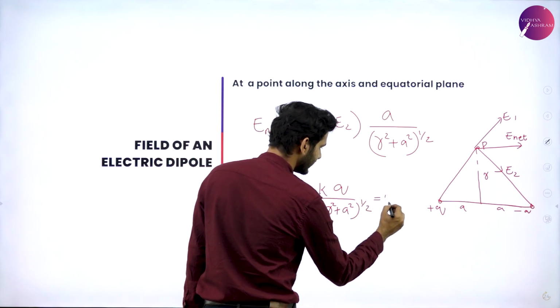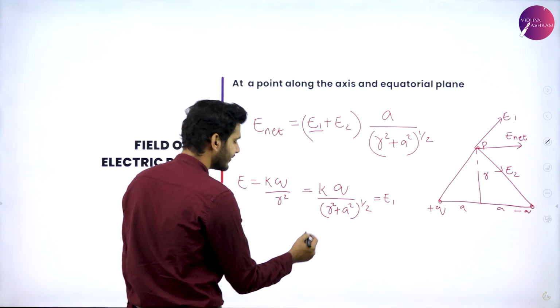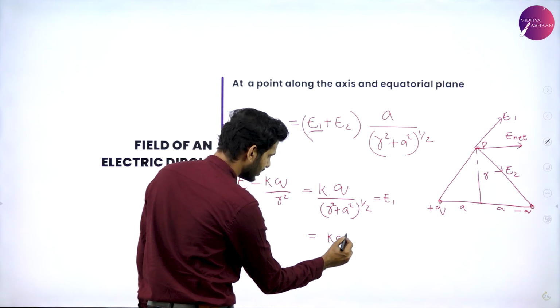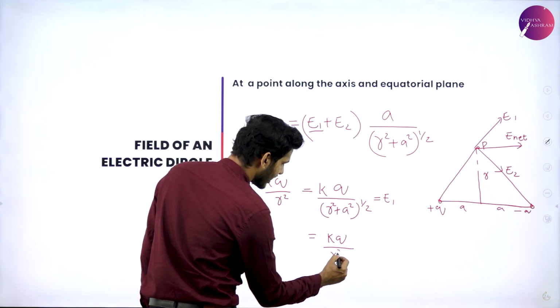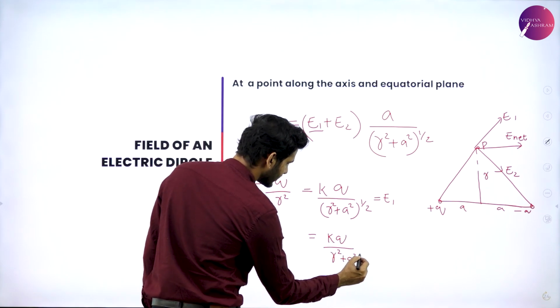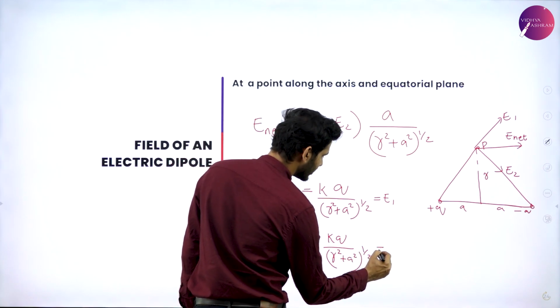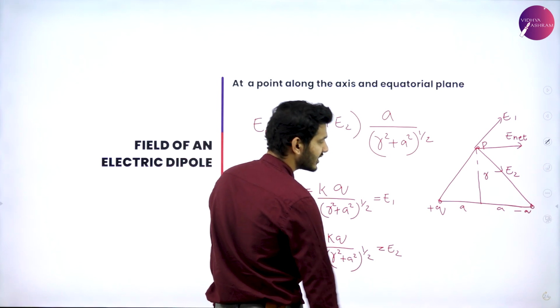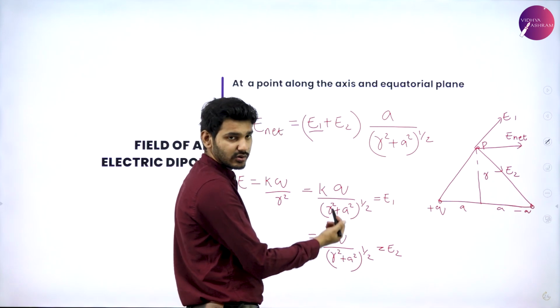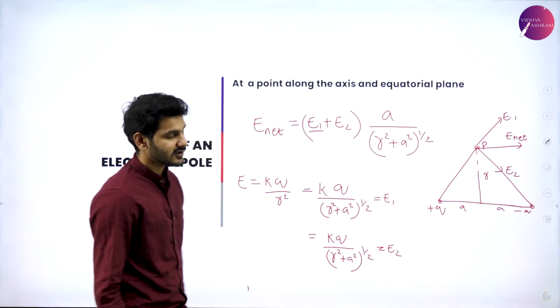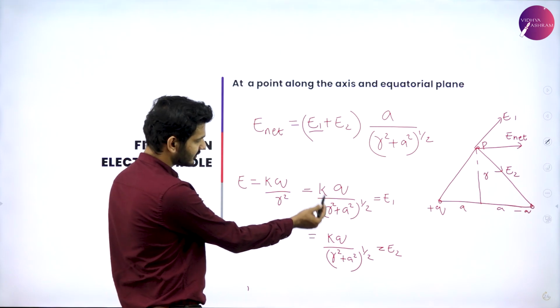Similarly, E2 will be equal to KQ divided by (R² + A²)^(1/2). Now, why are these two equal? Because the distance from here to here and here to here is similar. So that is why it is very similar.